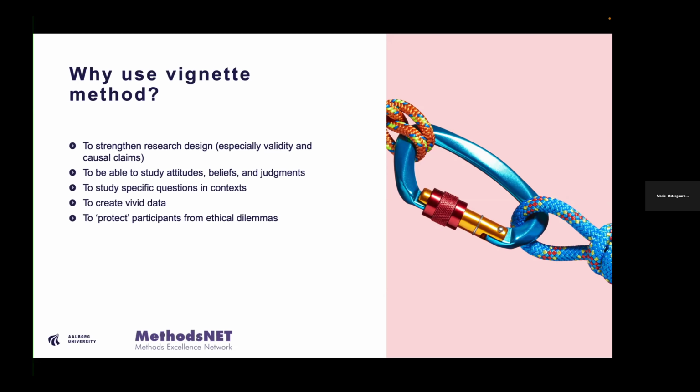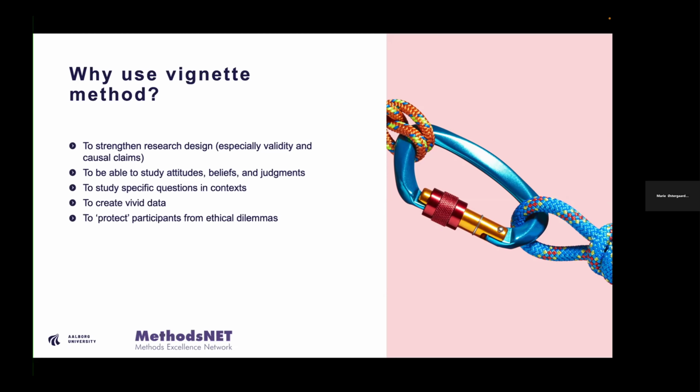I would say definitely if you want to strengthen your research design, especially your construct validity and also causal claims. Why use the Vignette method? Definitely if you want to study attitudes, beliefs, and judgments in depth, if you want to stimulate extended, prolonged, deep conversations about difficult subjects.